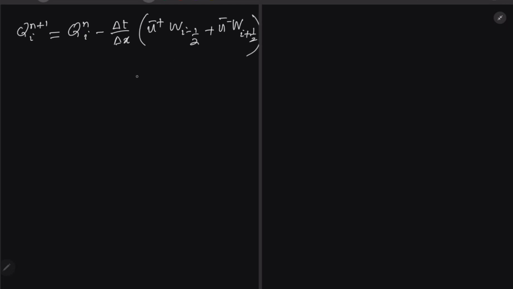So that is the wave form of the upwind method, and it is applicable for both velocities, either u bar greater than 0 or the velocity less than 0.